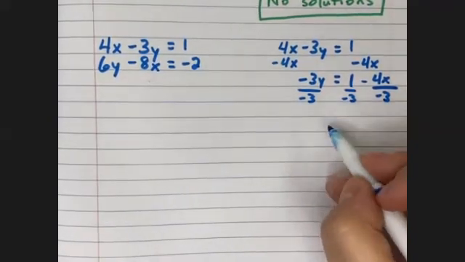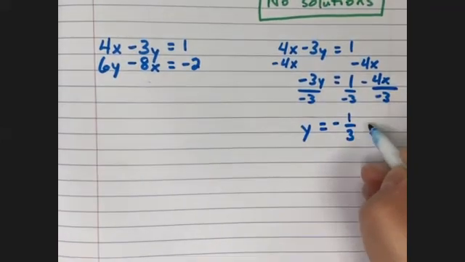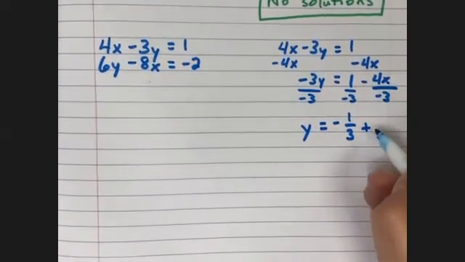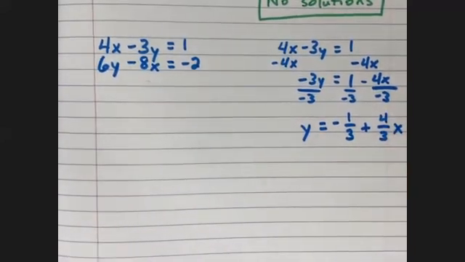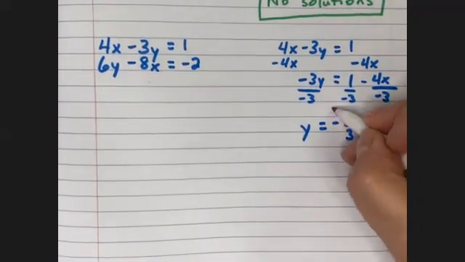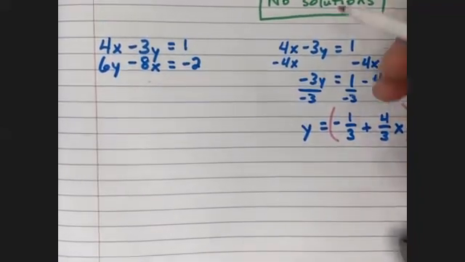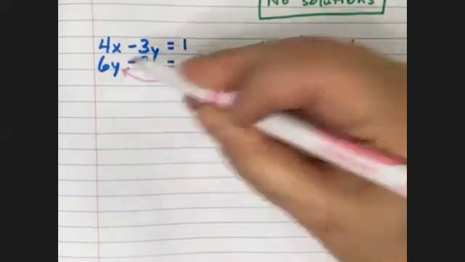And so what I'm left with is y equals -1/3. A negative divided by a negative is a positive, plus 4/3 x, which I know that y'all don't like dealing with fractions, but the calculator can help you. It's okay. So now I'm going to plug this in to that y.